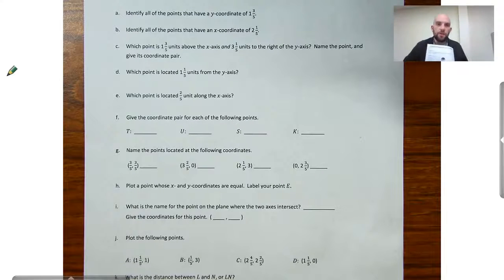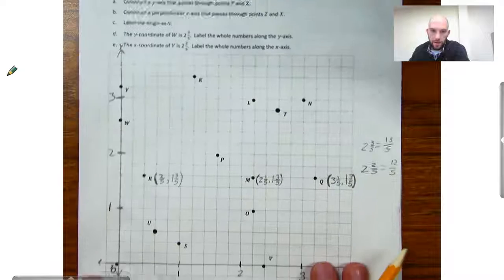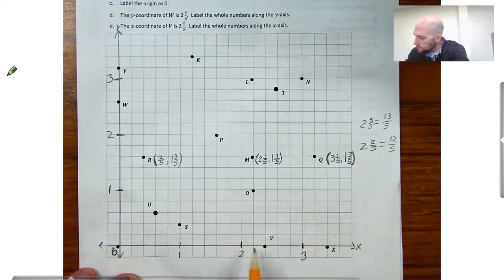Next, it says identify all of the points that have an x-coordinate of 2 1/5. So let's look back here. We have to look at our x-axis. We have 2 1/5.